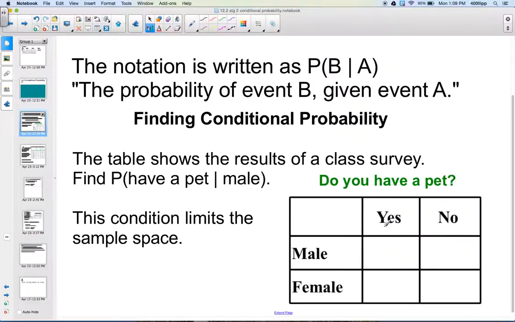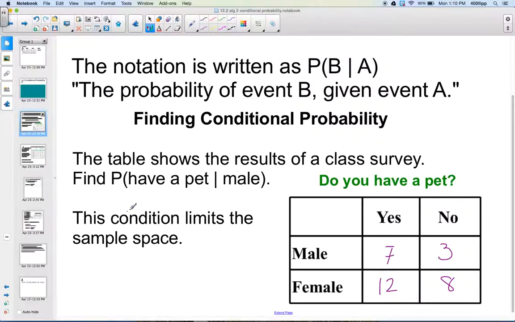There are 7 males that have a pet, and 3 males that do not have a pet. There are 12 females that have a pet, and 8 females that do not have a pet. So we're going to find the probability that someone has a pet given they are a male.